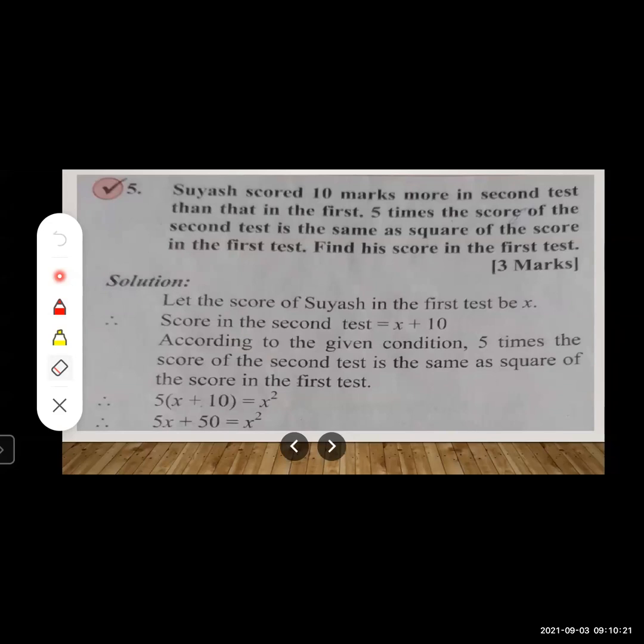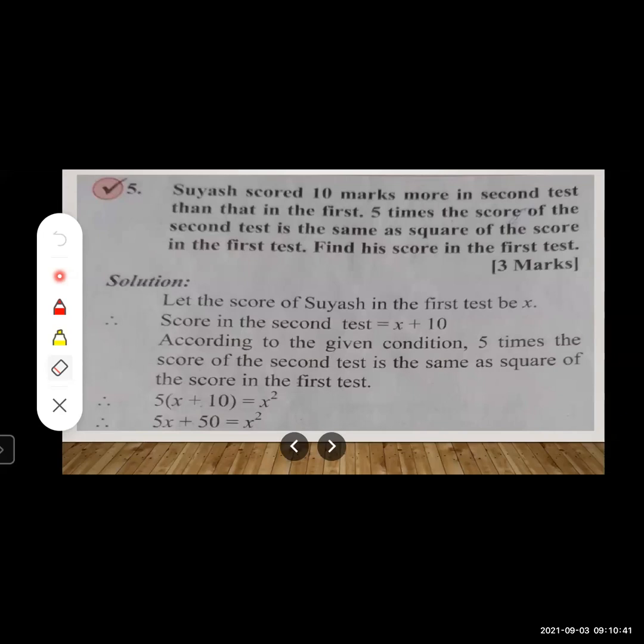Okay, let us read this sum again. Suyesh scored 10 marks more in the second test. So if you want to know the marks in the second test, first of all you should know the score in the first test, right?